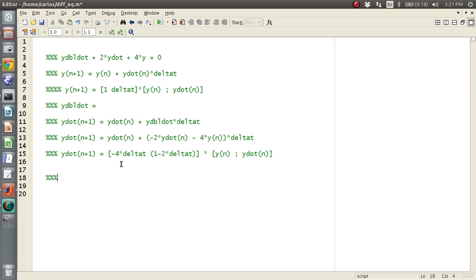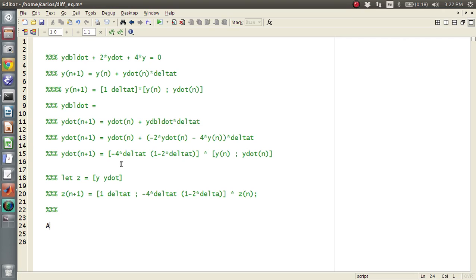What that allows me to do is say, let z equal y and y dot, and then z of n plus 1 equals 1, delta t; negative 4 times delta t, 1 minus 2 times delta t, times z of n.